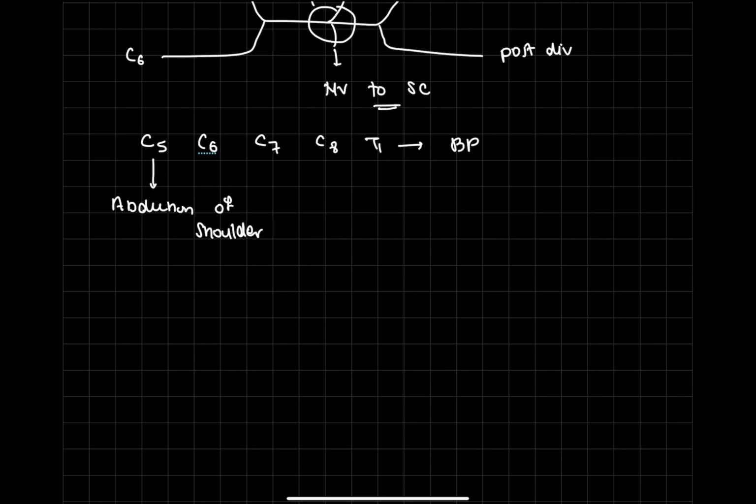Just for right now, try to mug it up. So C5 controls the adduction of the shoulder joint, while C6 and C7 control the abduction of the shoulder joint.